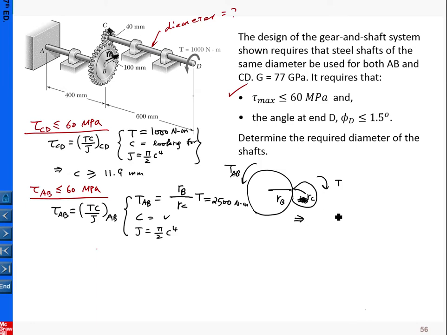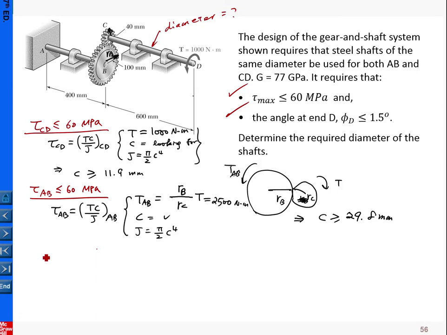Under these conditions, we can find that C must be greater than or equal to 29.8 millimeters.